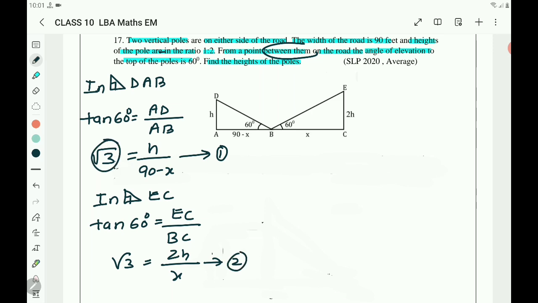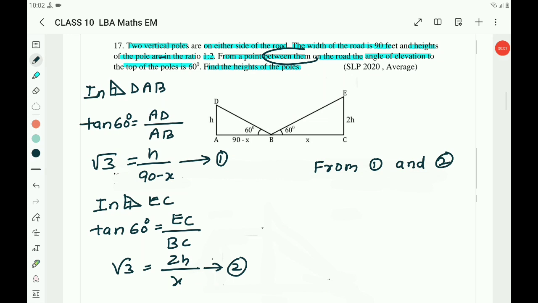Here you observe the LHS. Root 3 is there in both. Therefore, the RHS must be equal. So from the first and second, as the LHS are equal, the RHS must be equal. You write h by 90 minus x equals 2h by x.